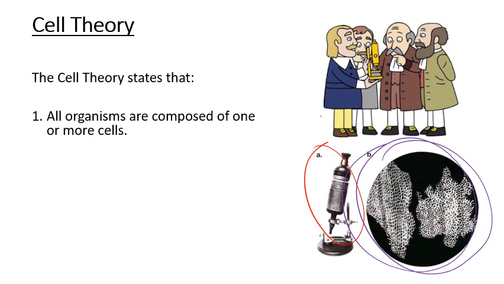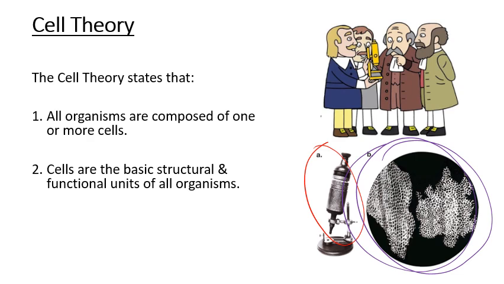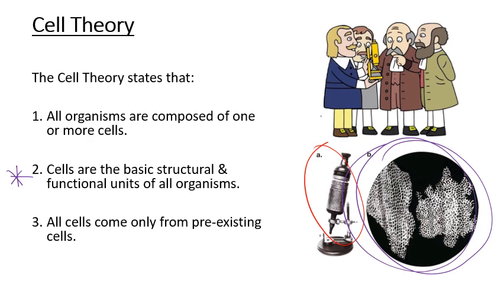And it consists of these 3 points. So all organisms are composed of 1 or more cells. Seems pretty obvious, but that applies to every living thing. The second point is cells are the basic structural and functional unit of organisms, which essentially that's the definition of what a cell is. And then number 3, all cells only come from pre-existing cells.